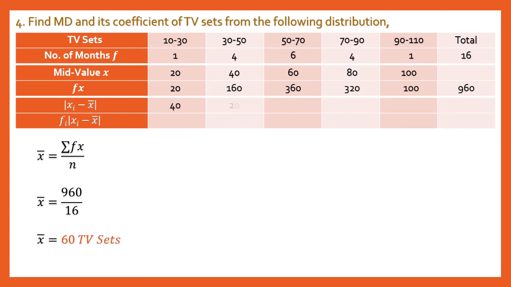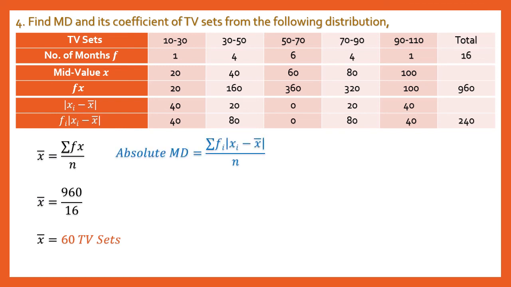So 20 minus 60 is 40, 40 minus 60 is 20, 60 minus 60 is 0, 80 minus 60 is 20, 100 minus 60 is 40. No need to make a total. Now I will multiply all of these values with the frequency 1, 4, 6, 4, 1. So 4 ones are 40, 2 fours are 80, 0 sixes are 0, 2 fours are 80, and 4 ones are 40. And when you make a total, you get 240.